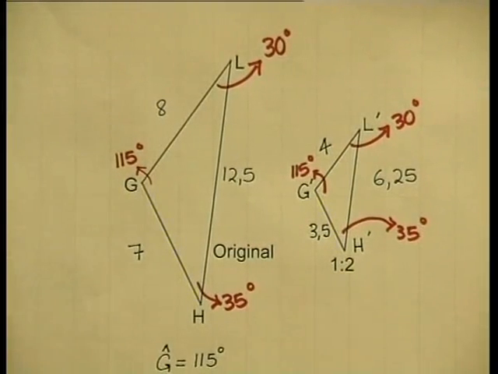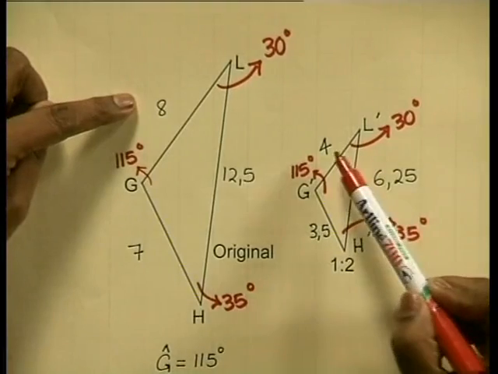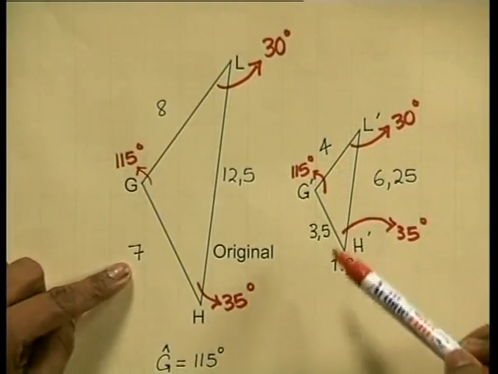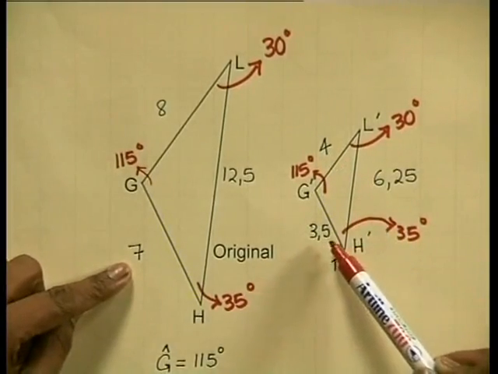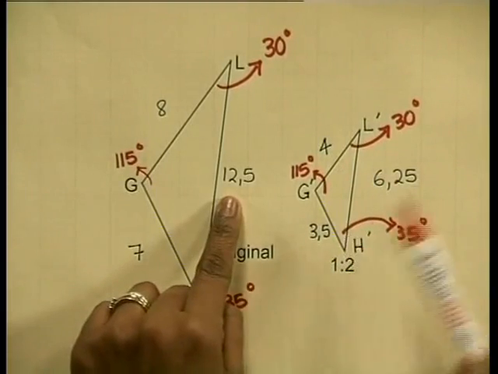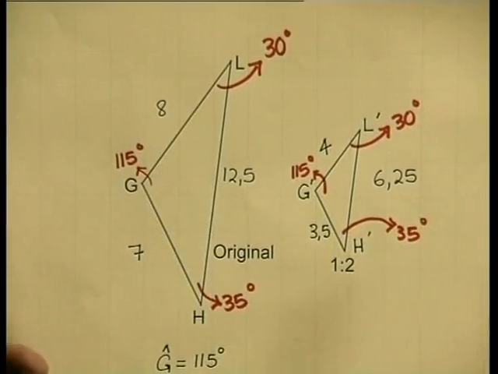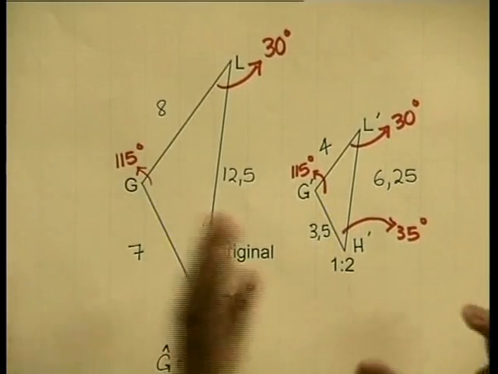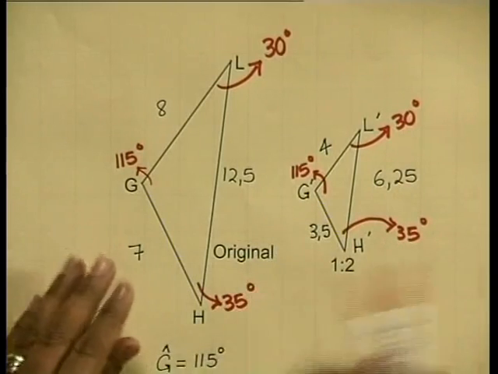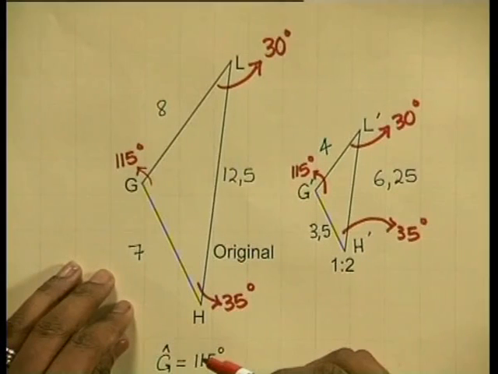See that the sides are also in proportion to one another. In this triangle we have 8. Here it is 4. In this triangle it is 7. In this one 3,5. Here 12,5 becomes 6,25. So we see this triangle is half the size of this triangle, or they are in the ratio 1 to 2.